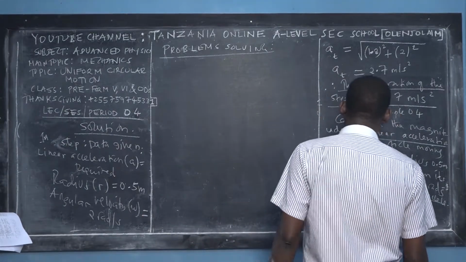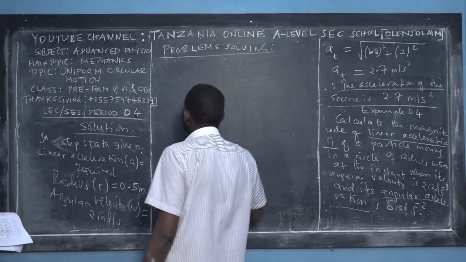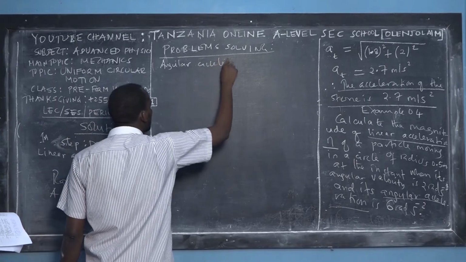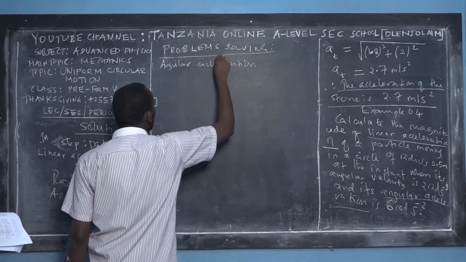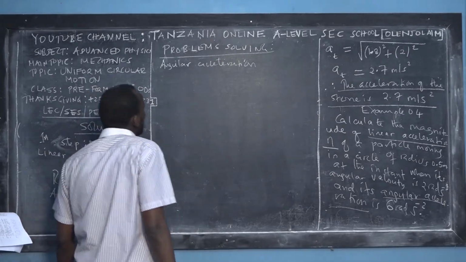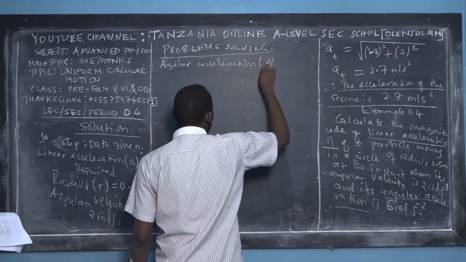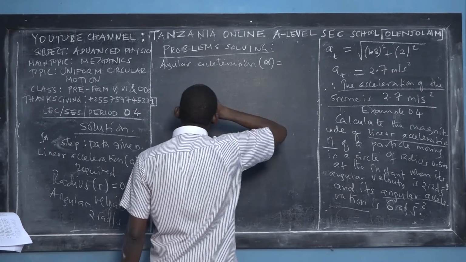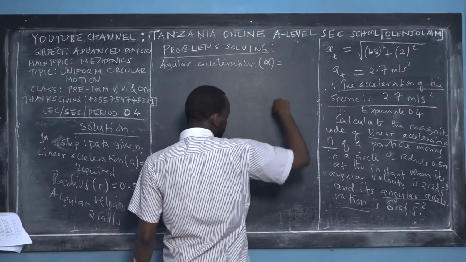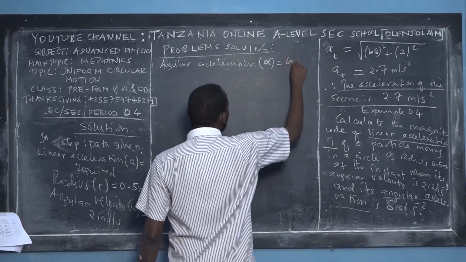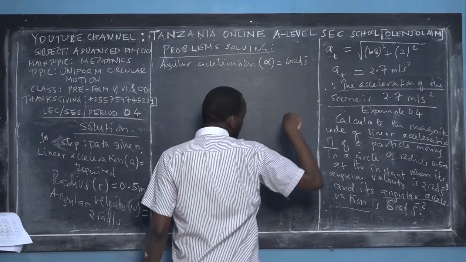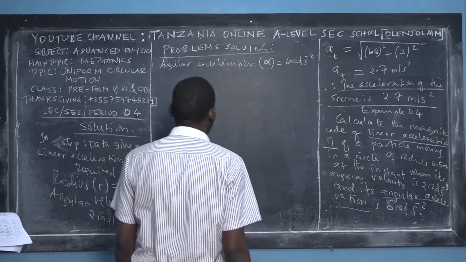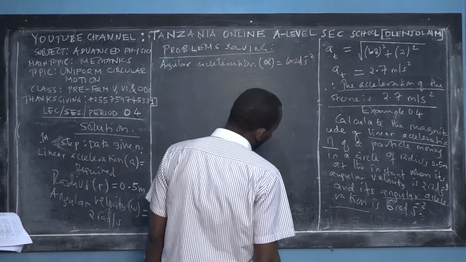We have angular acceleration, which is alpha, 6 radians per second squared. So what you require is the linear acceleration of the particle.